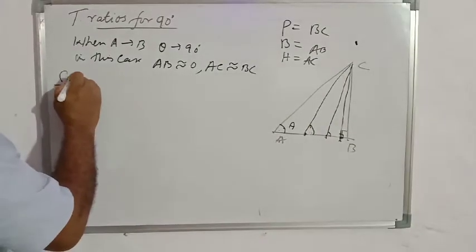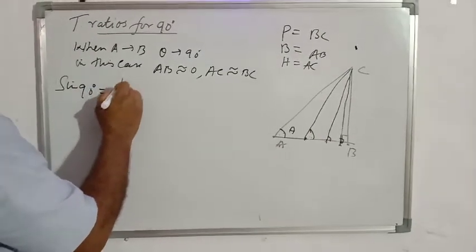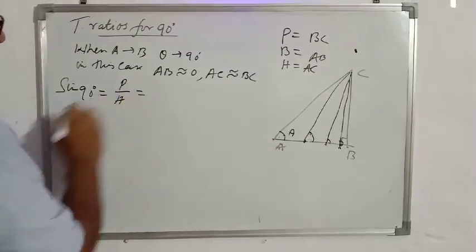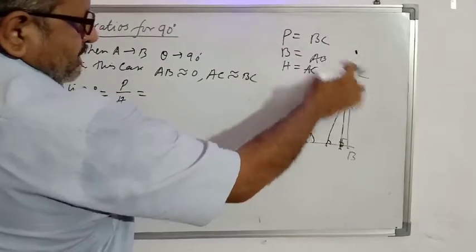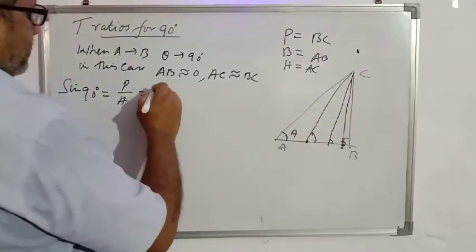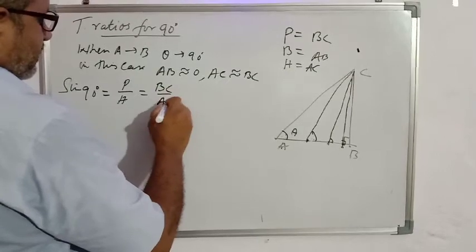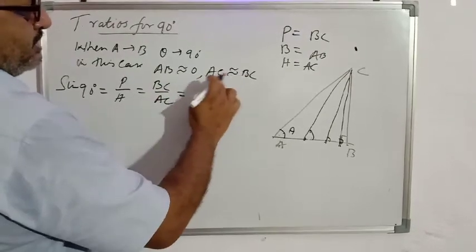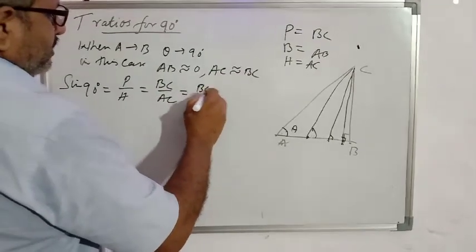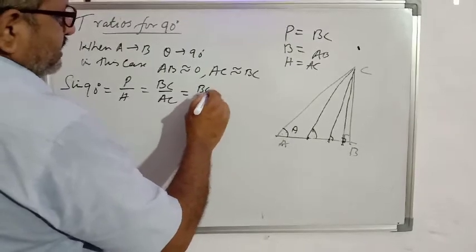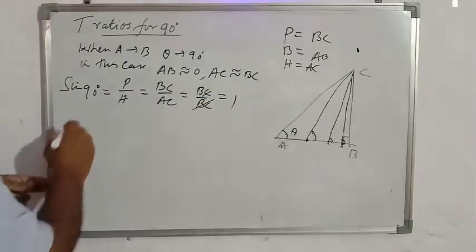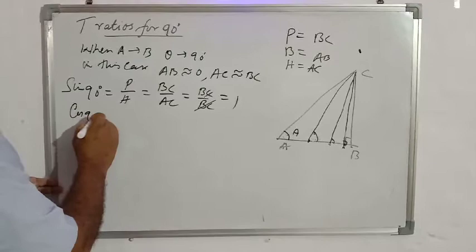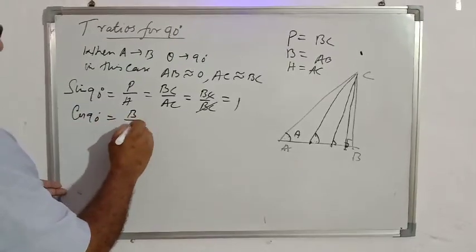So what will be sine 90? Sine 90 is perpendicular by hypotenuse. Perpendicular BC, hypotenuse AC. So BC by AC. And AC and BC both are equal. So BC by BC we can write. Its value is 1.